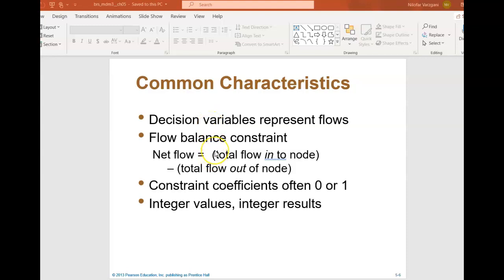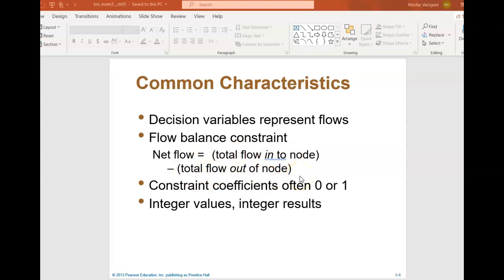For each node, we typically write down an equation which is called a flow balance constraint equation, and the equation is net flow is equal to the inflow minus the outflow of the node.